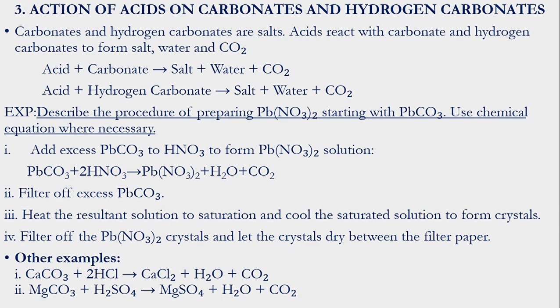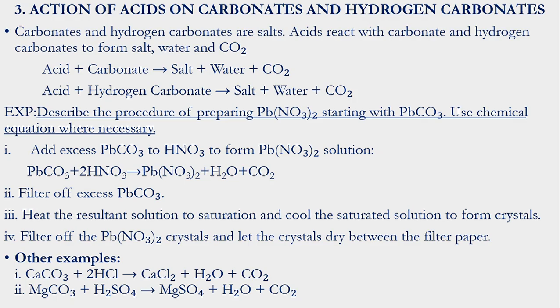Step number 1, add excess lead carbonate. So we are always using excess to an acid. Whatever we are using, be it a carbonate, be it a base, be it a metal, we need to use it in excess to ensure that all the acid has reacted.